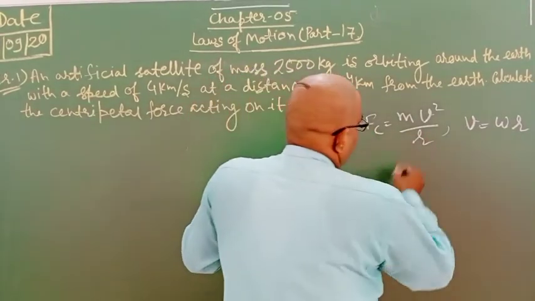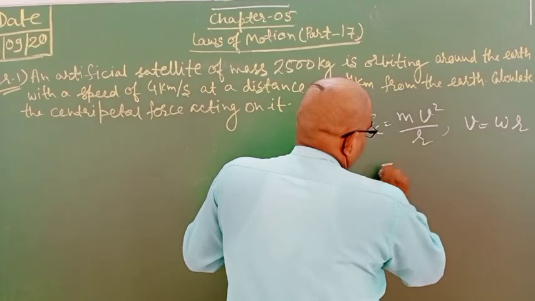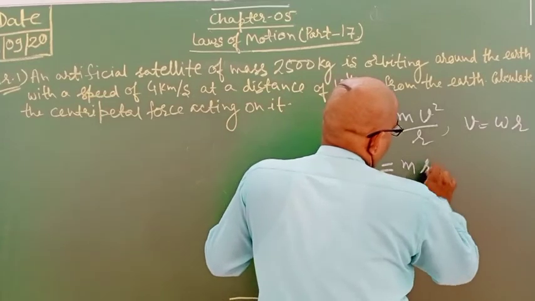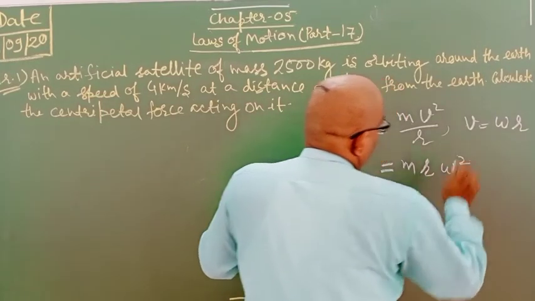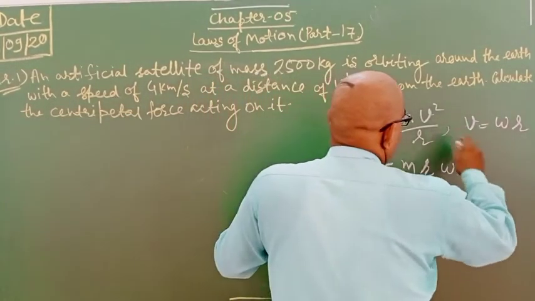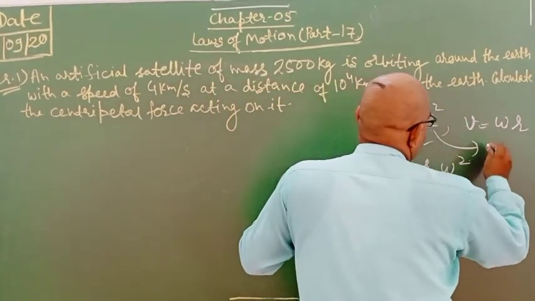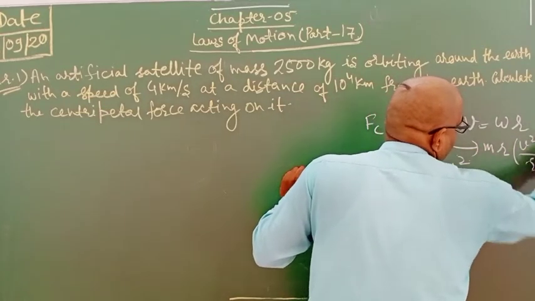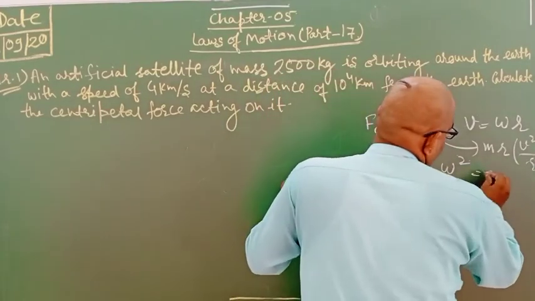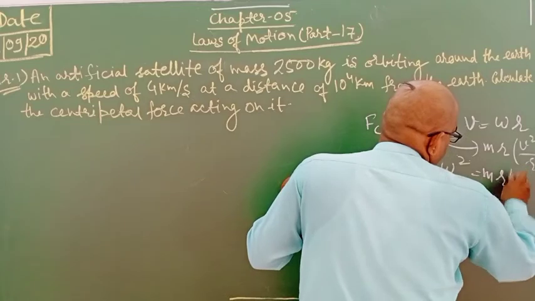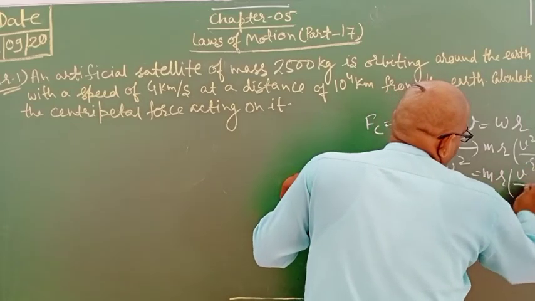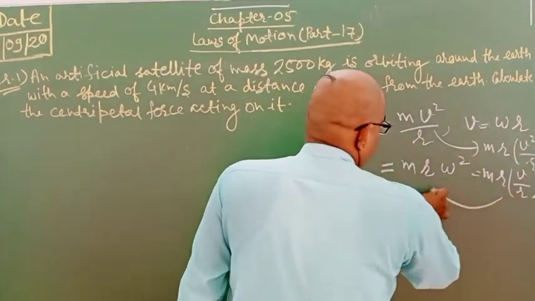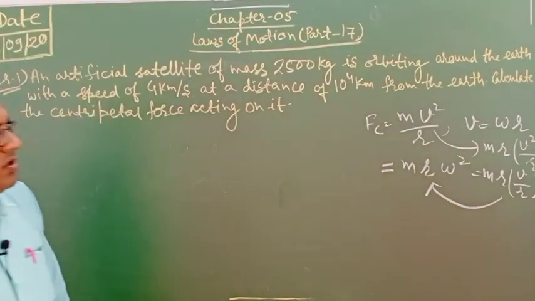So we can write here m r omega square. Clear? Look here: you can write m r v square upon r square, and from here m r into v upon r whole square, and v upon r is equal to omega, so we can write Fc is equal to m r omega square.